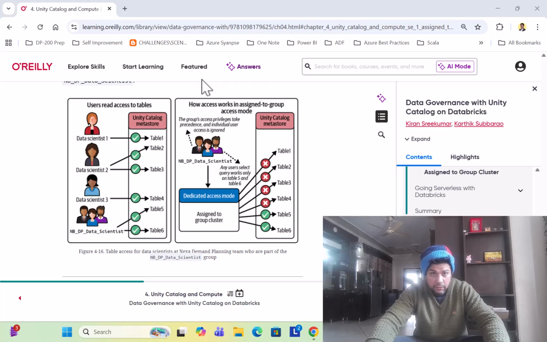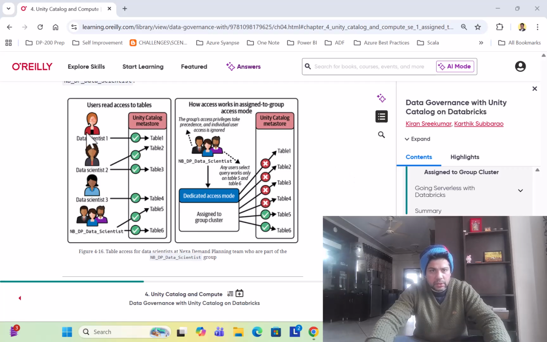In this case, they have tried to explain, if you look at this figure, let's say you have a team of data scientists and all of them have access to different tables. If they try to use dedicated compute, what is the right way to make them use the tables that they have access to?